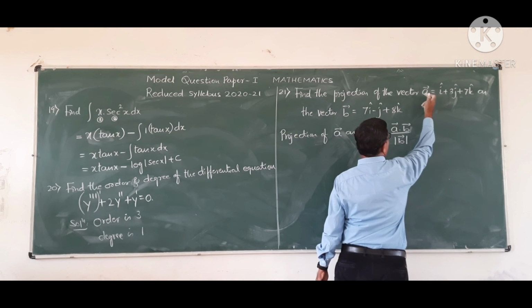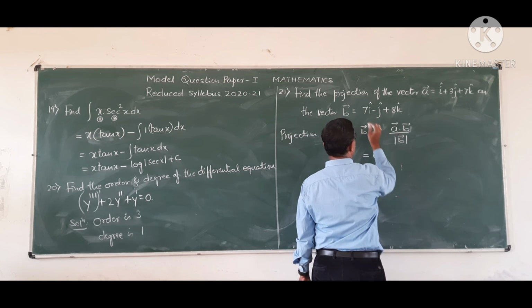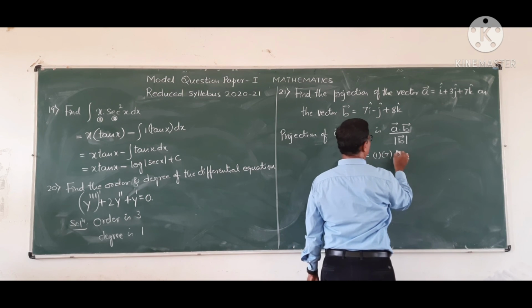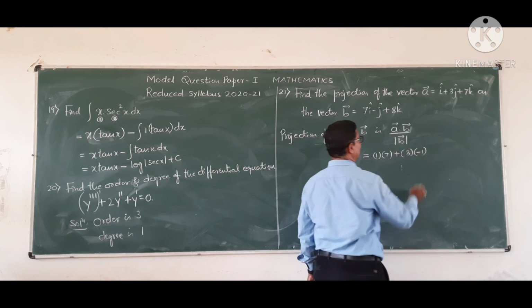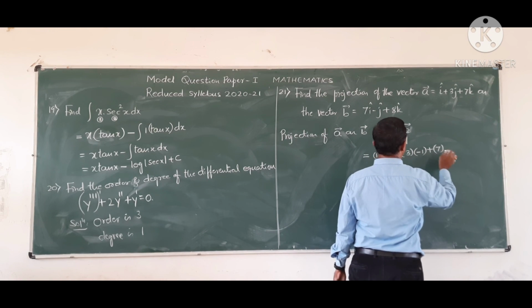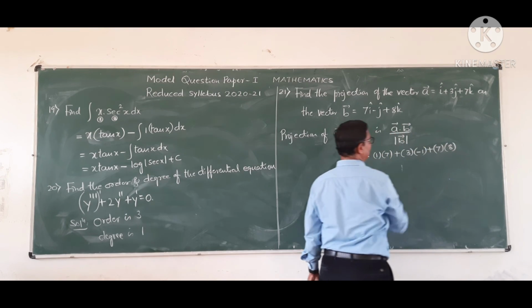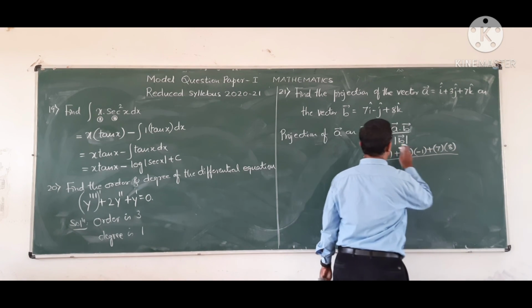Coefficient of i in vector A? 1. Coefficient of i in vector B? 7. Coefficient of j in vector A? 3. Coefficient of j in vector B is -1. Coefficient of k in vector A? 7. Coefficient of k in vector B? 8.